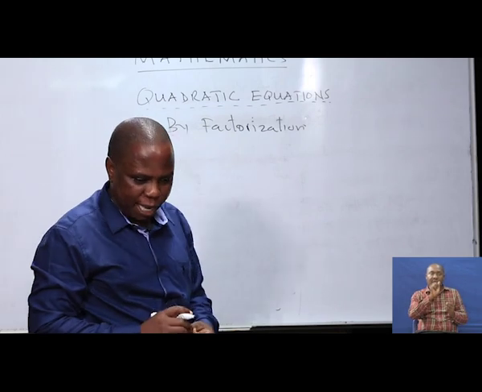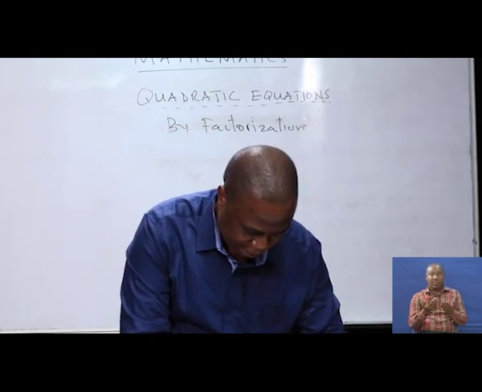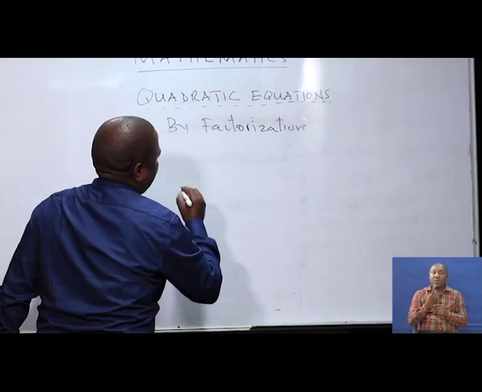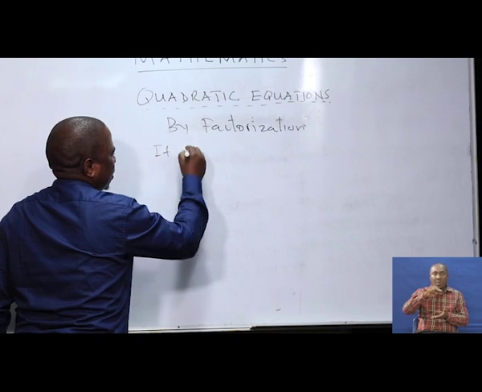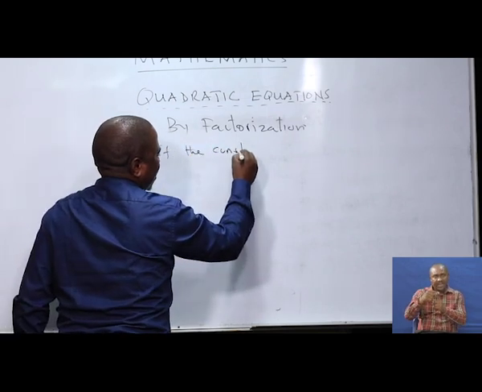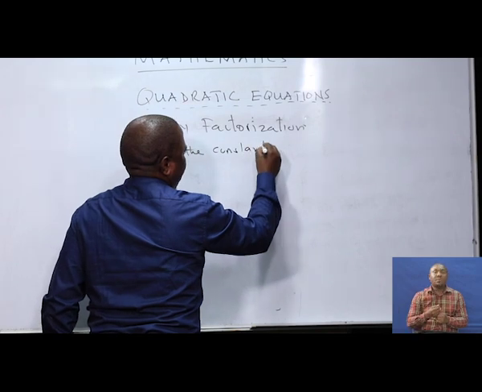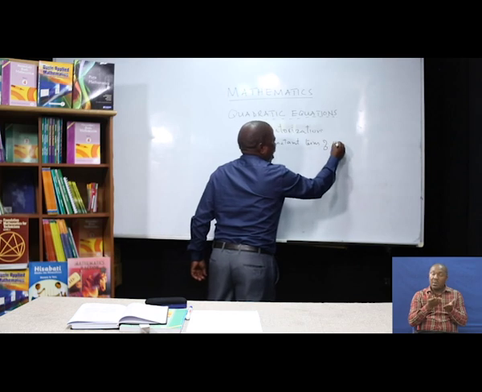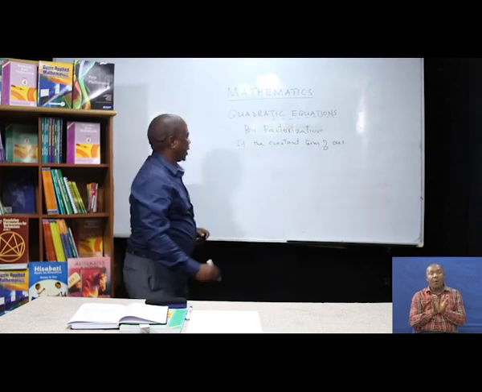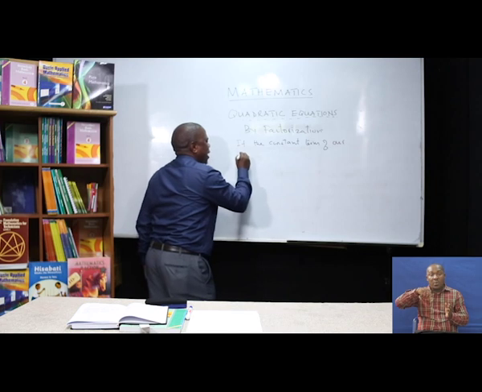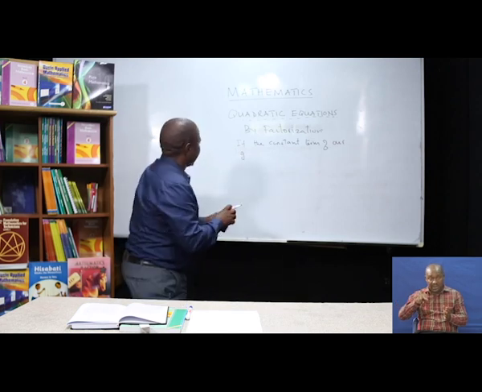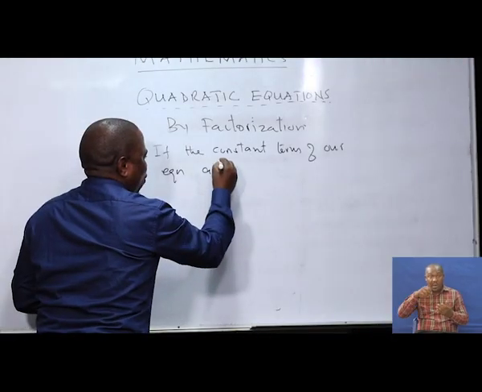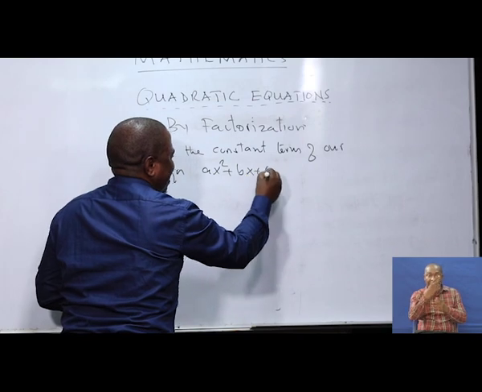Now look at this one here. Let us have a look at one question which can help us. Let's say the constant term of our general quadratic equation ax squared plus bx plus c is equal to 0.